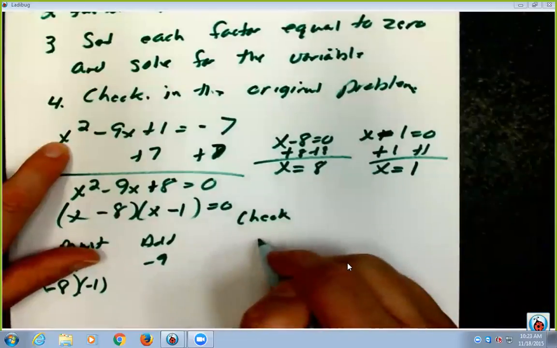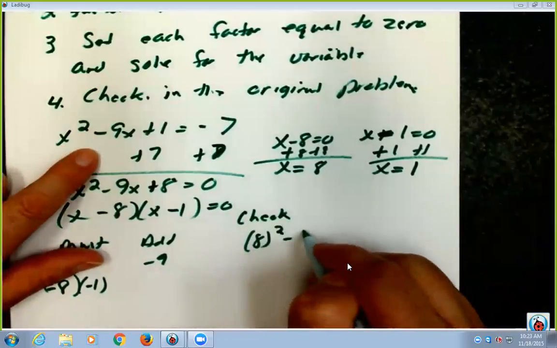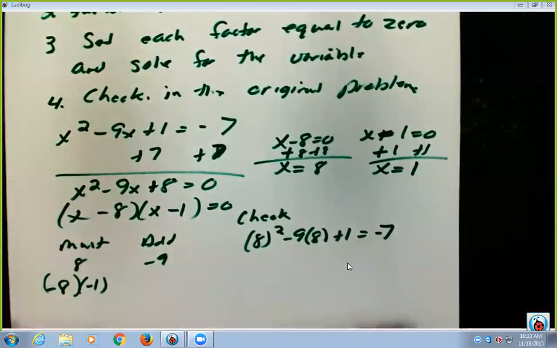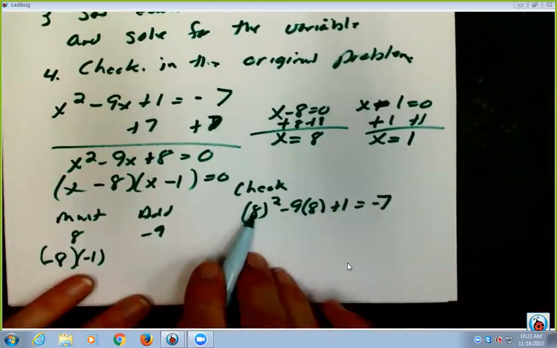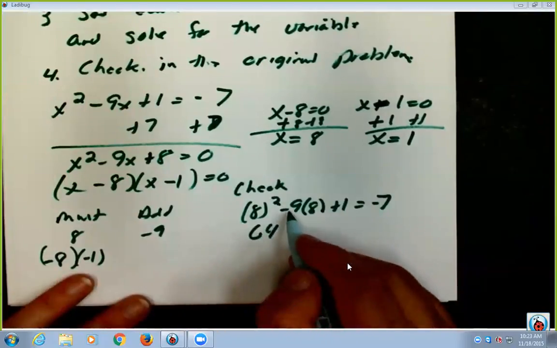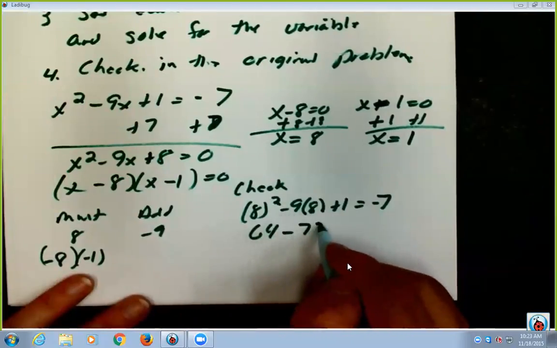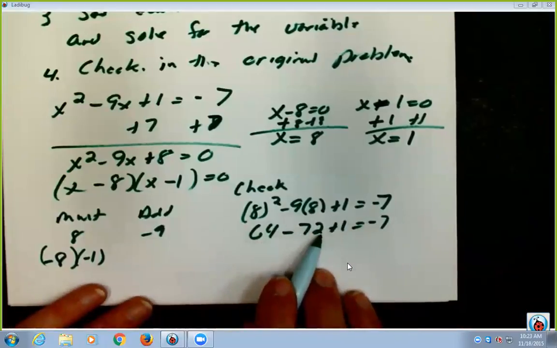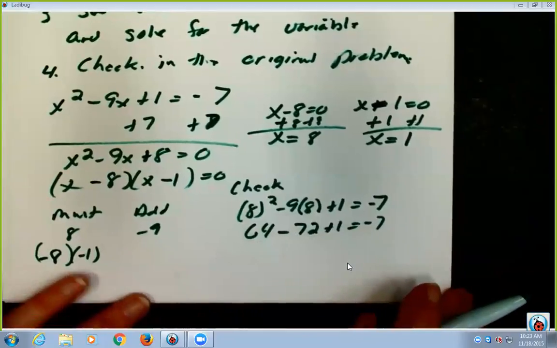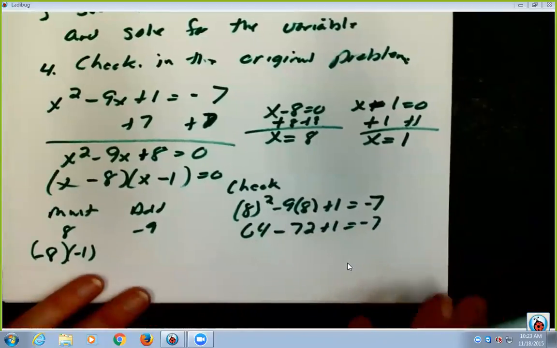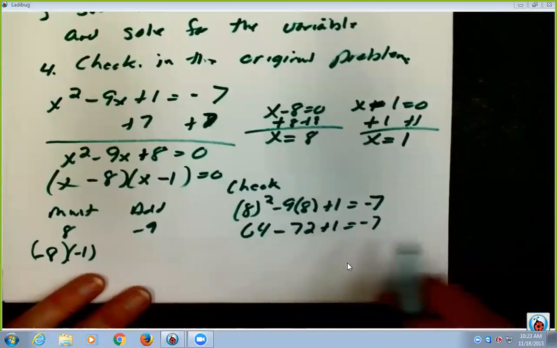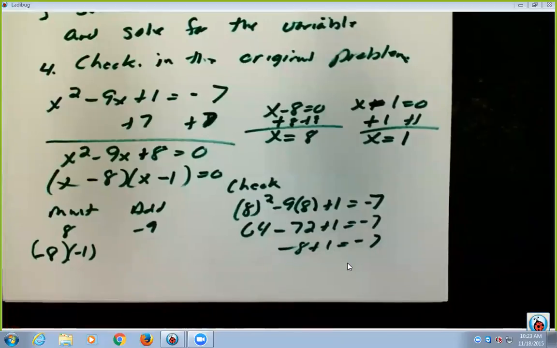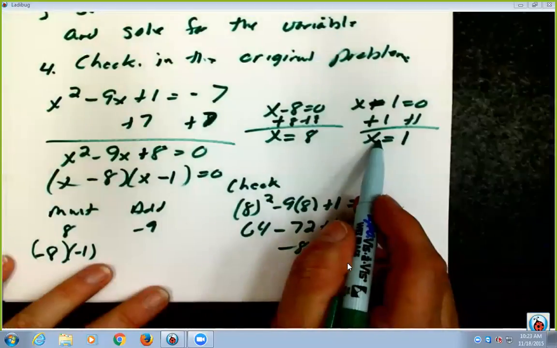So 8 squared minus 9 times 8 plus 1 should give me a negative 7 if I did it right. 8 times 8 is 64. Negative 9 times 8 is negative 72. 64 and negative 72. What does that leave me with? Negative 8. Gives me negative 8 plus 1 is a negative 7. So, yep, that works. Plug 1 in.